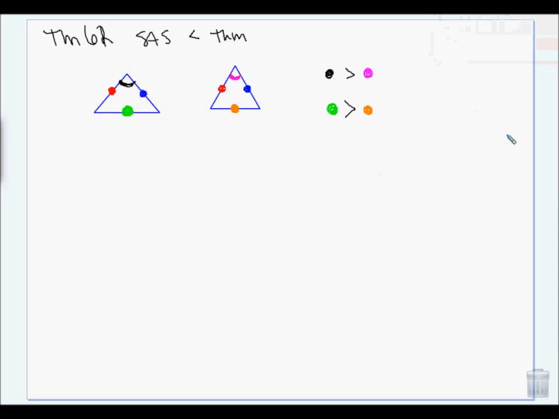Okay, then we have Theorem 63, which states that it's basically the backwards of this.